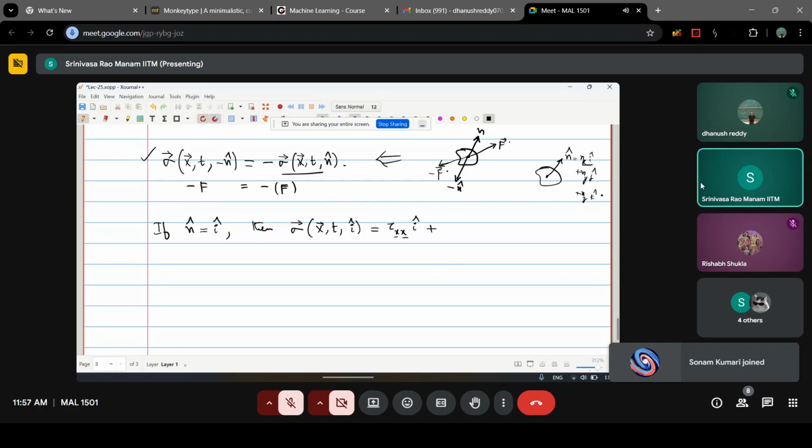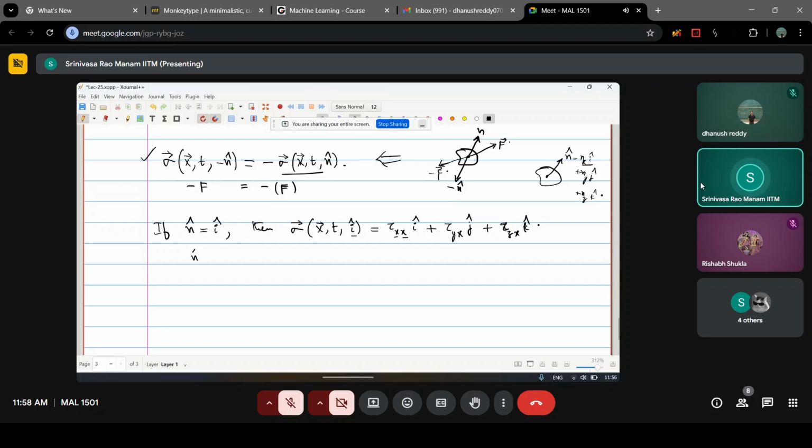Basically these stresses are forces. So what do you have here? I want the y component that is along the x direction, so that is your j cap. Similarly tau zx k cap. Do you get this one?